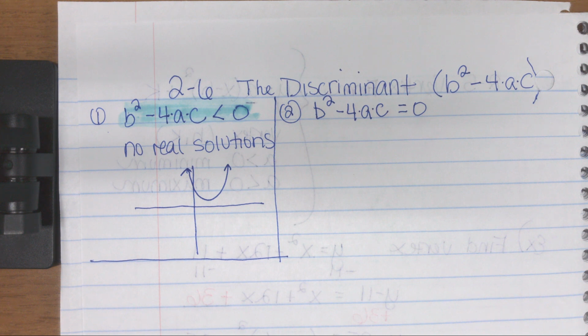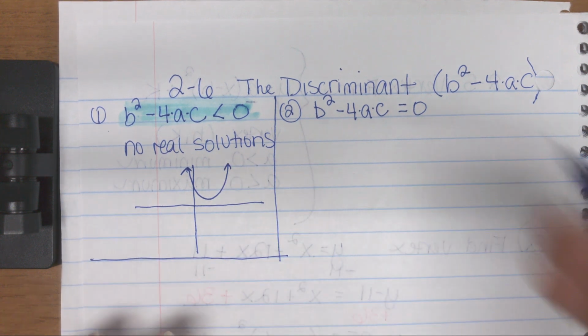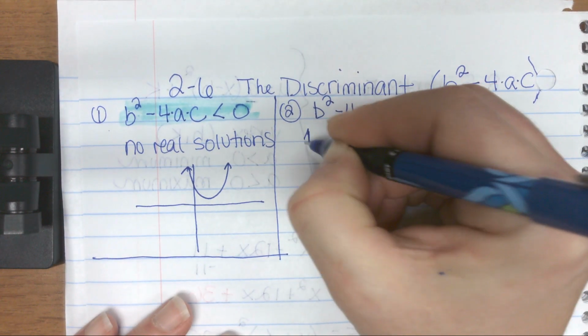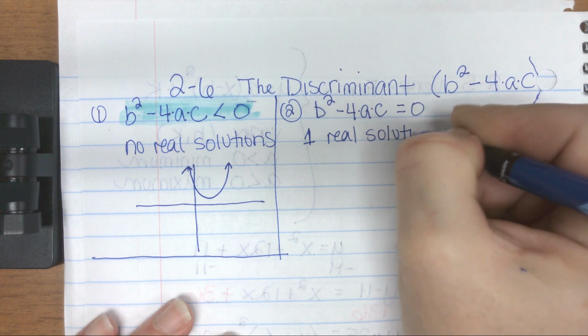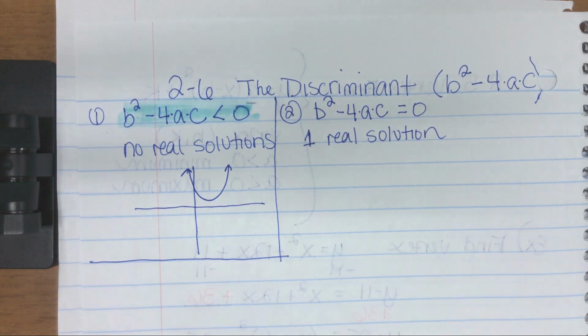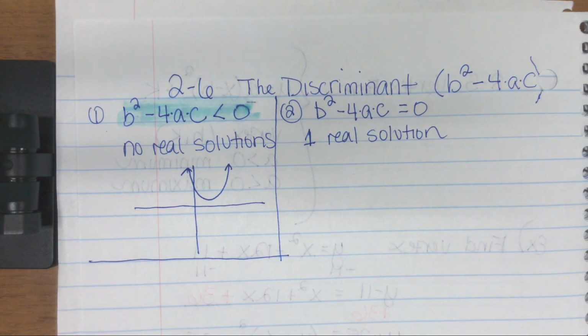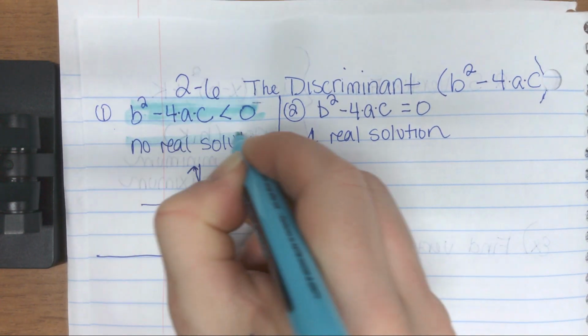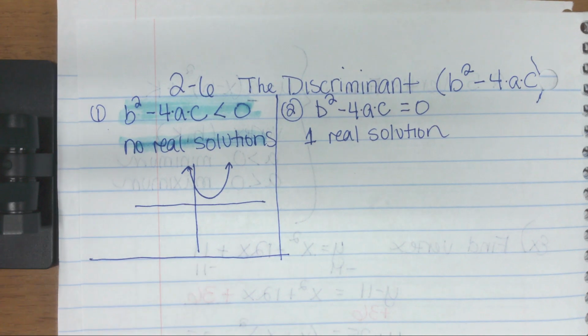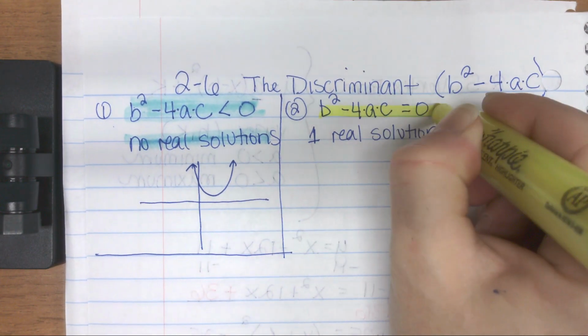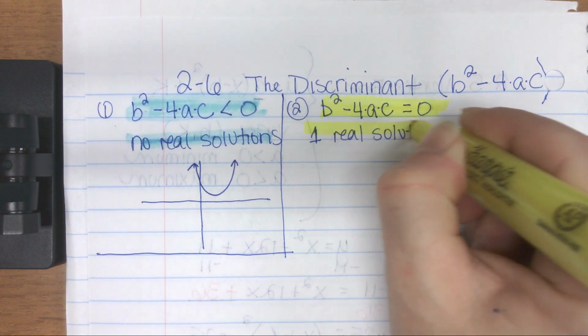Do you remember my little work on the board? 1. So when that happens, there is just one real solution. So b squared minus 4ac is a negative number, there's no real solutions, there's a little picture of your graph. Then when b squared minus 4ac equals 0, there's one real solution.